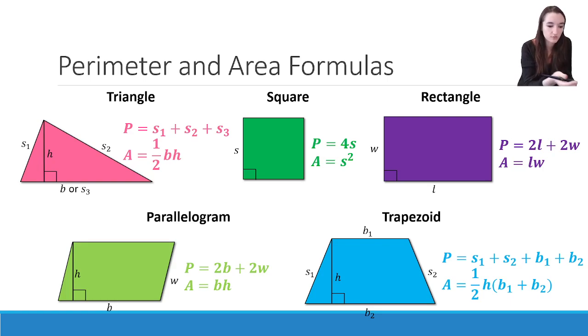So here we have formulas for some of our basic polygons that we've learned. So the triangle, we get its perimeter by adding up each of its sides. Its area is 1/2 base times height. Now notice that the height is not necessarily one of the sides of the triangle.